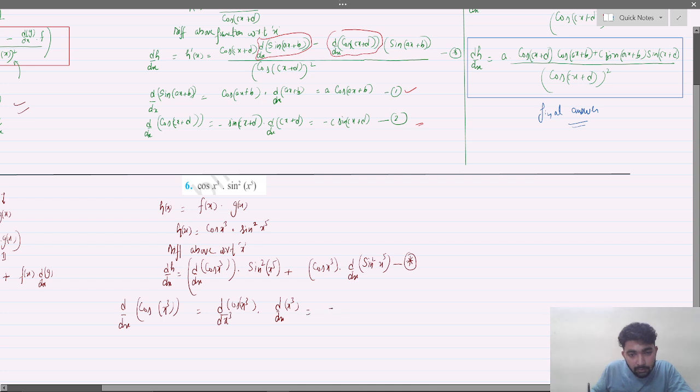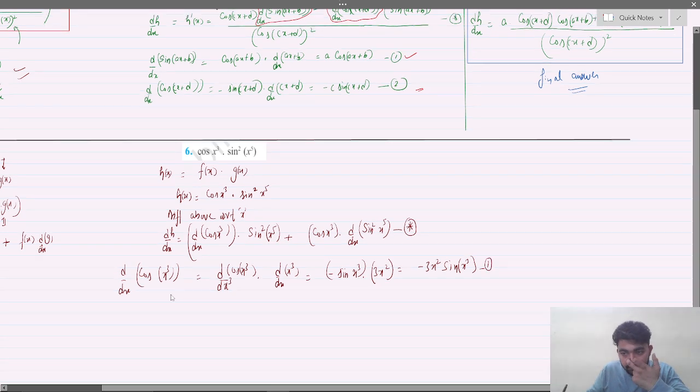So like that we get minus sine of x cube, and here you get 3x square. So the ultimate answer is minus 3x square sine of x cube, the first part for this question. Now we need to find d by dx of sine square. I will write in a proper manner.